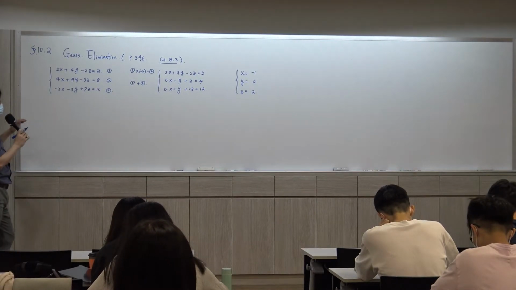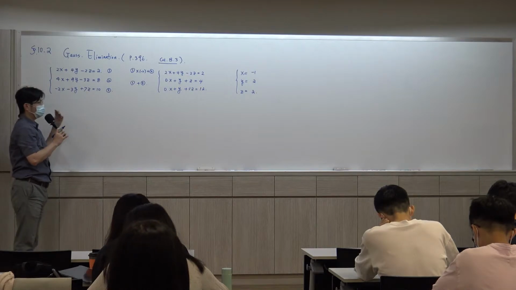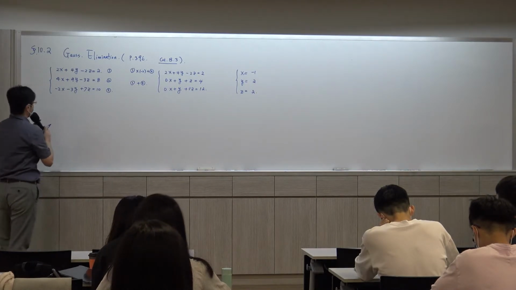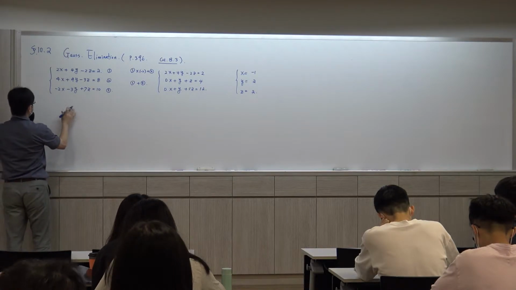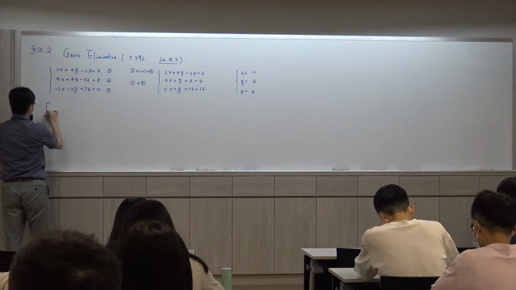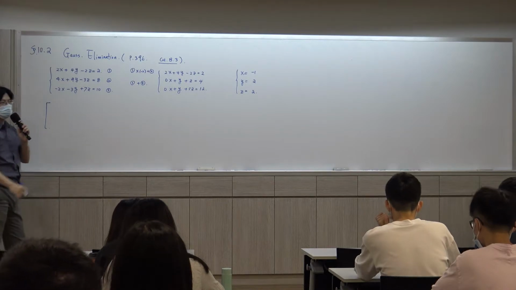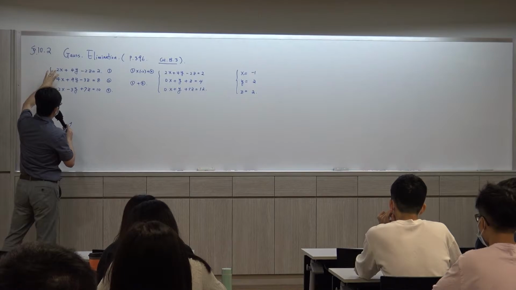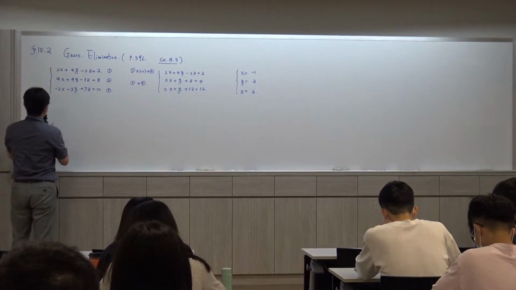So here we would like to describe this operation with matrix. So first, we would like to create a matrix called the coefficient matrix. So you just have the coefficients.